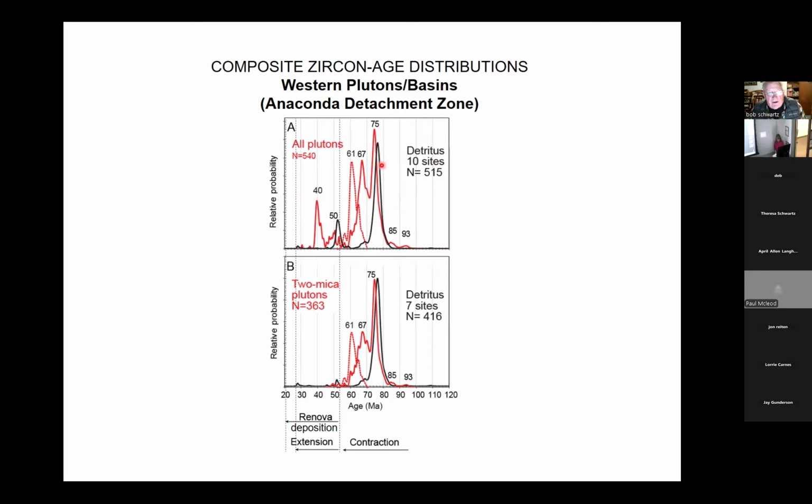If we compare it with the detritus, which again is just a summation of the previous two slides that you saw, you have this well-established 76, 77 Ma detrital zircon mode. It's a late Cretaceous mode. And then all these other peaks are virtually absent other than this 50 Ma here.